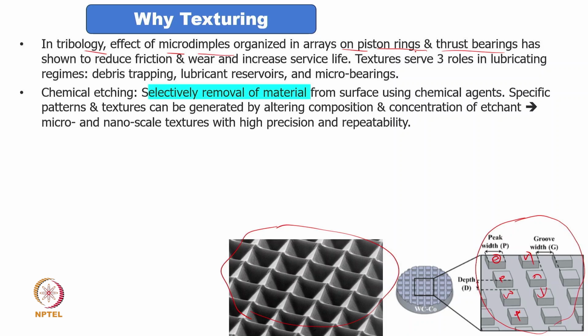There are a number of publications which indicate that when they have done this on piston rings and bearings, they have shown reduced coefficient of friction, wear and increased service life. And they say that texturing plays three roles. One is that they incorporate the lubricant as a reservoir, and they trap the debris, and one more thing, they work as a micro bearing.